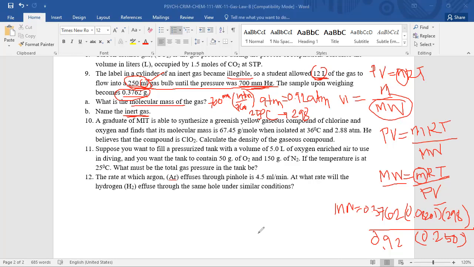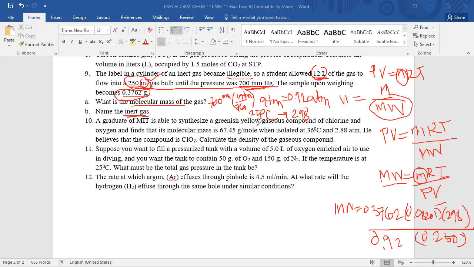So, we can look at it. So, ang pinakamalapit dyan is argon. So, argon is 39.95. 39.97 yung nakuha natin. Probably doon sa ating pag-round off.